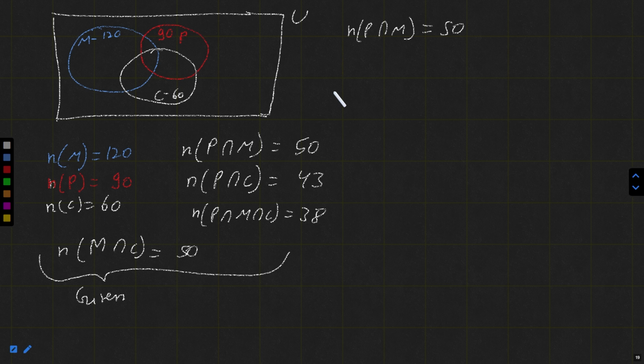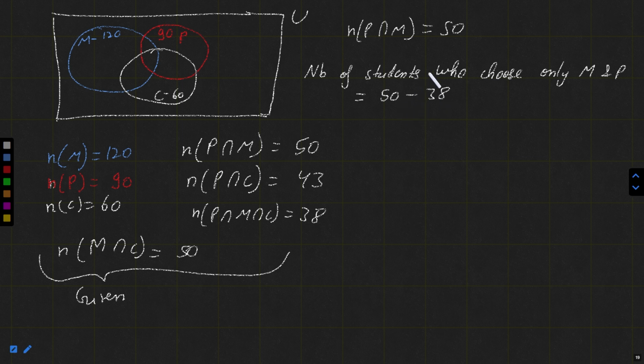So if I have to find out the number of people who have only physics and only math as their subject, the number of students who choose only math and physics is equal to 50 minus 38. So what have we done here?